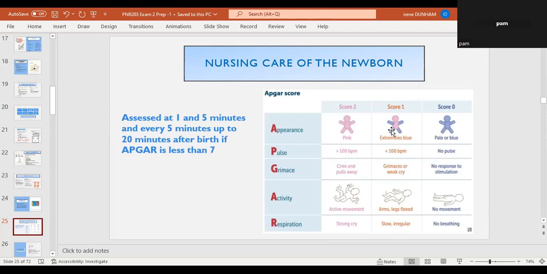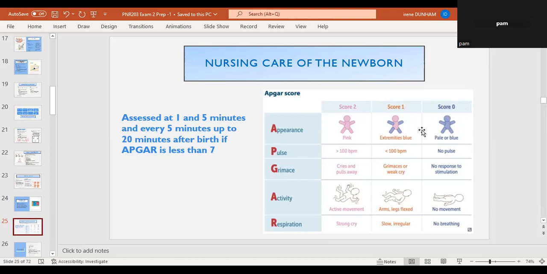Does that make sense? So that's called acrocyanosis. Now, if the baby comes out and looks blue or pale, a lot of times HESI will use that descriptor, pale, that's a score of 0, all right?